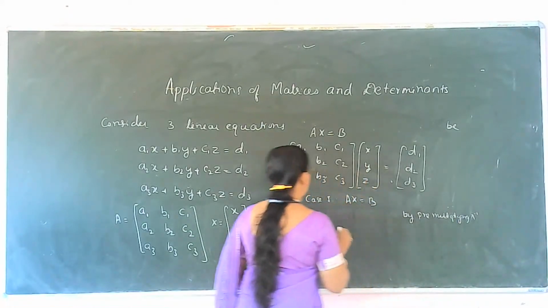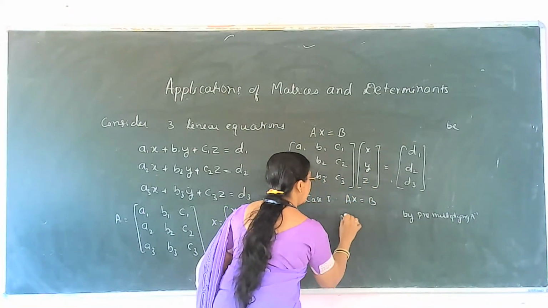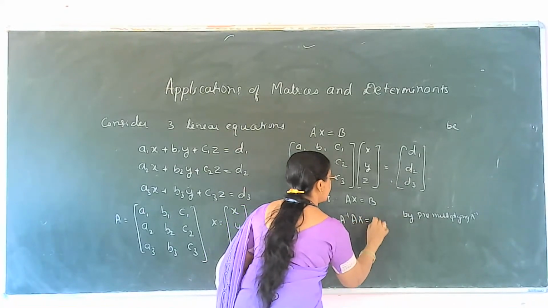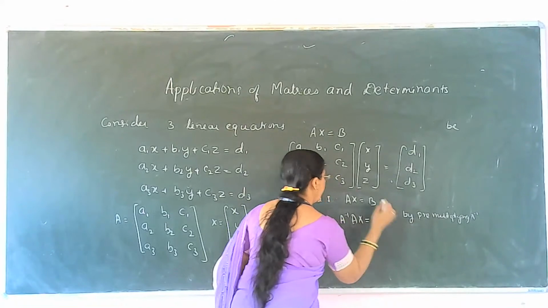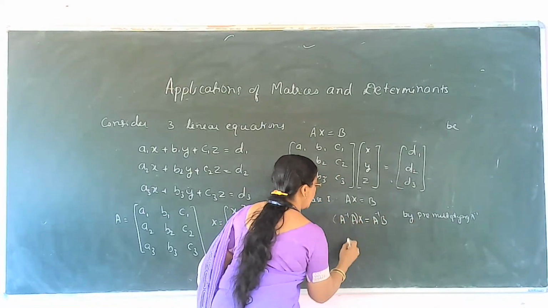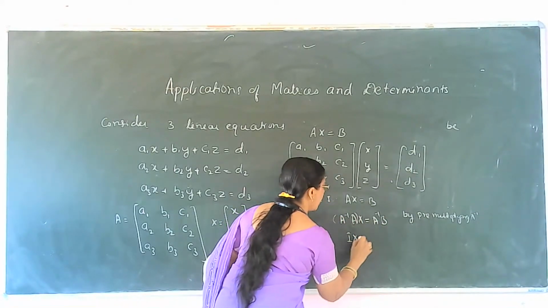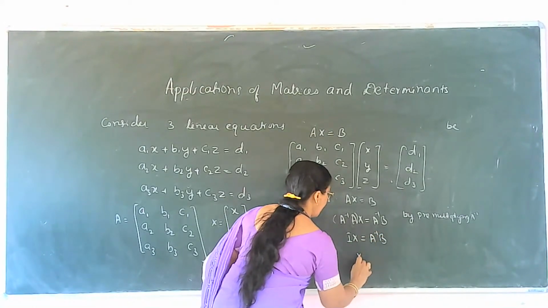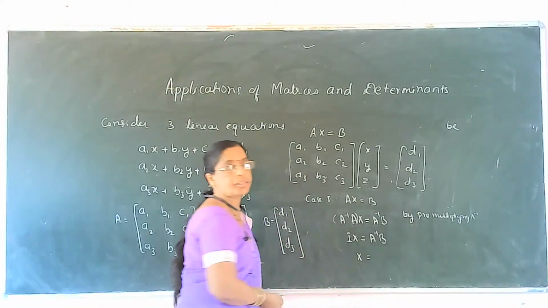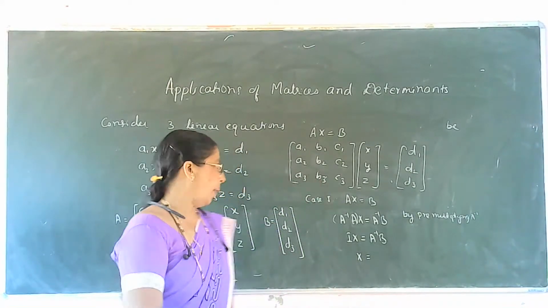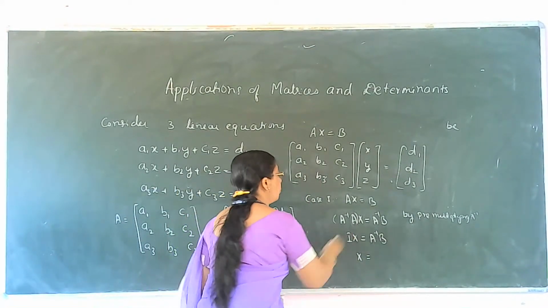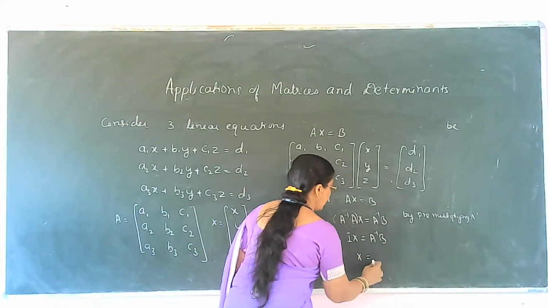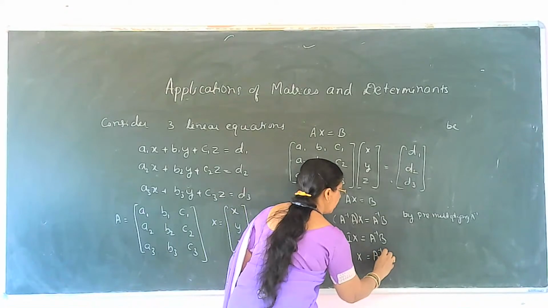A inverse A into x is equal to A inverse B. A inverse into A is equal to I, the identity matrix. Therefore, I into x is x. Then x is equal to A inverse B.